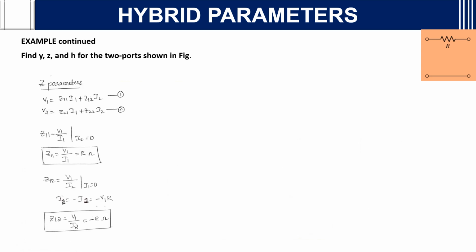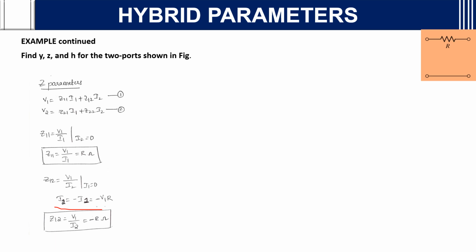Now the Z parameters. How to find Z parameters? You know V1 is equal to Z11 I1 plus Z12 I2, and V2 is equal to Z21 I1 plus Z22 I2. If you want Z11, it is V1 by I1 when I2 is equal to 0. I2 becoming 0 means V1 by I1, that is R only. Then Z12 is equal to V1 by I2. It is in terms of V1 and I2, so we need to take I2 equal to minus I1.